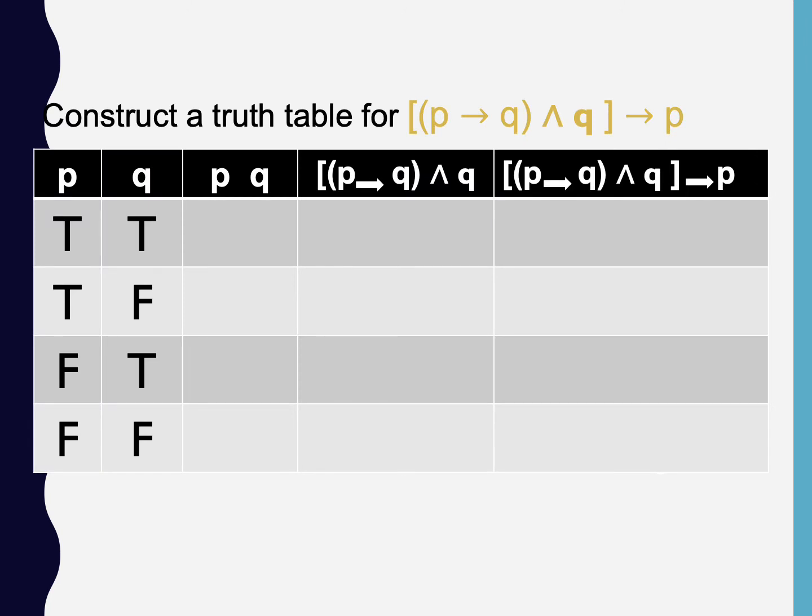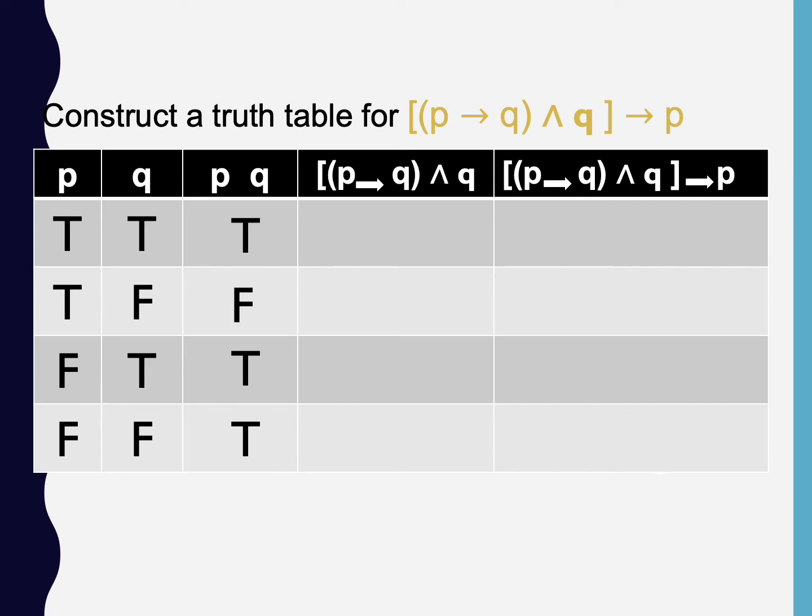Now, let's try to construct the truth table. First, create a column for the conditional statement if P, then Q. So that will be true, false, true, and true. Next, we have to get the conjunction between the third column and the second column.